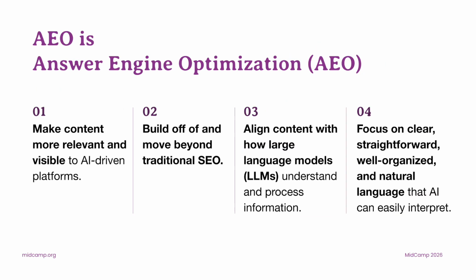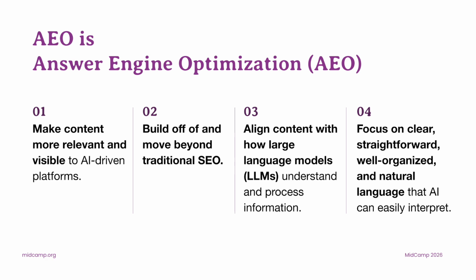So let's start really thinking about what AEO is. There's a lot of acronyms out there, AEO, GEO, all the things, but we're going to talk about AEO today and what we can do to be found in AEO. First, we can make our content more relevant and visible so that AI can find it. We can build off of and move beyond traditional SEO. Whenever you think of SEO, it's keywords.